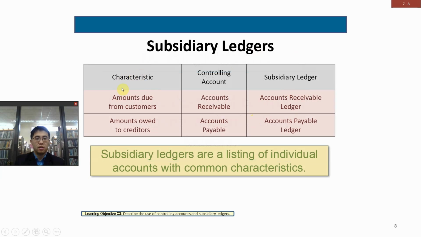Subsidiary ledgers can be divided based on the characteristic: whether it's due from the customer, something you need to collect, or amounts owed to creditors, something you have to pay. In terms of a controlling account, it can be divided into accounts receivable or accounts payable, and then you will have a subsidiary ledger built for each particular account.